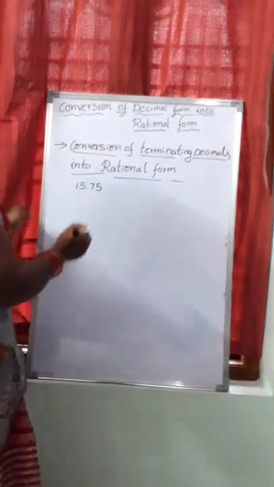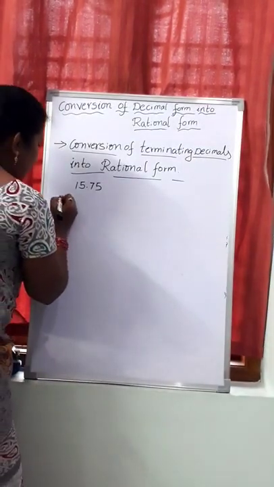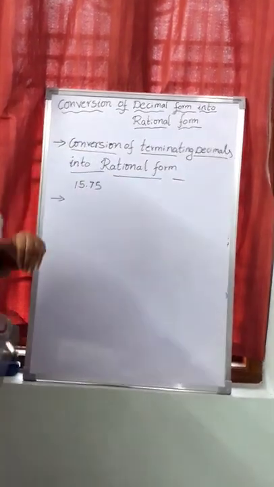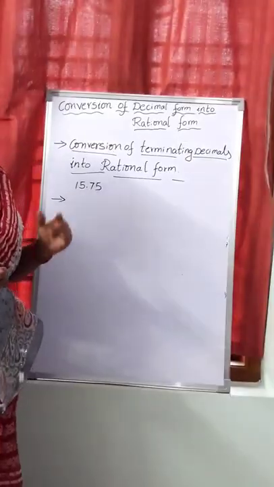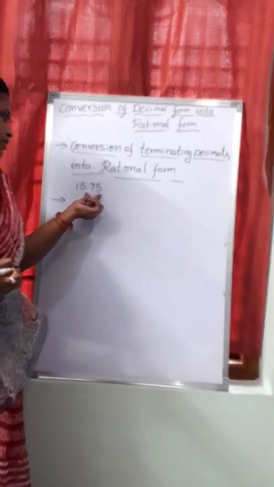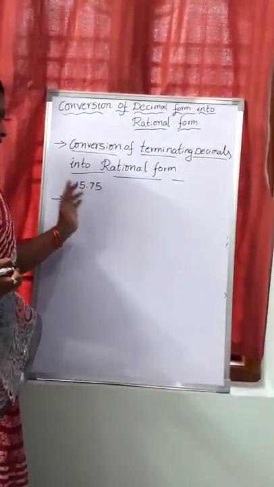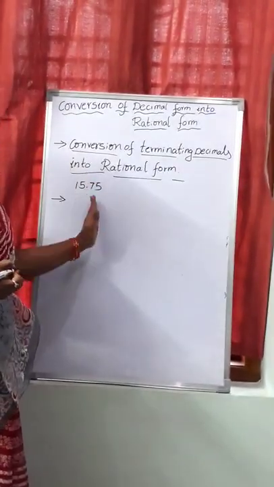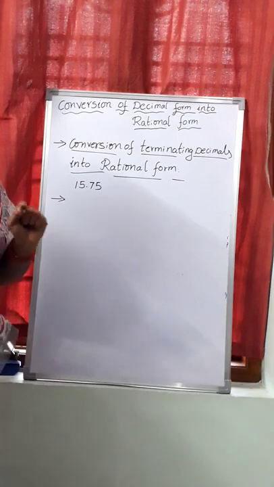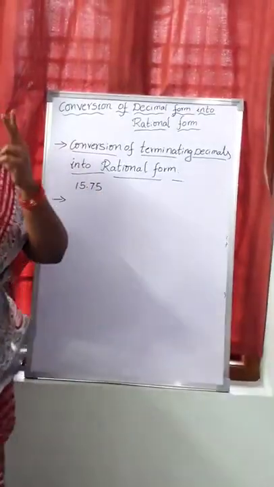Before converting this into the rational form, we have to observe the decimal part. This point divides the decimal number into the whole number part and the decimal part. In the decimal part, we have to observe how many digits are there. Here we have two decimal places.